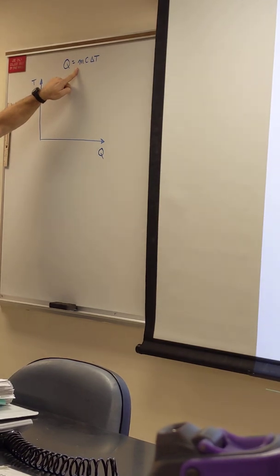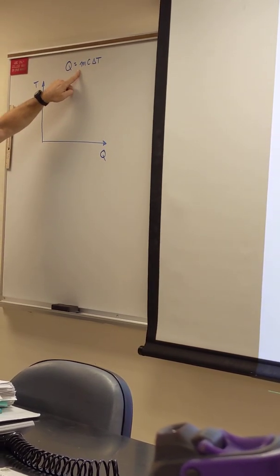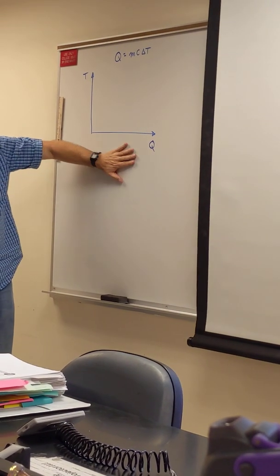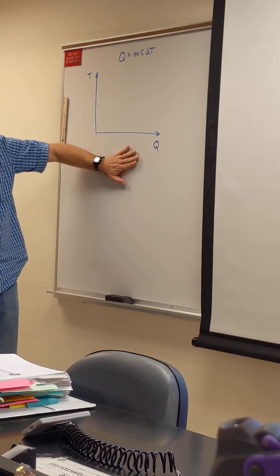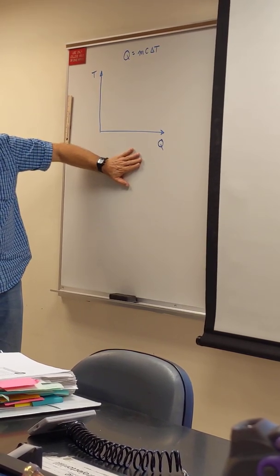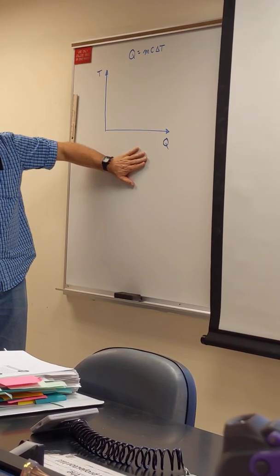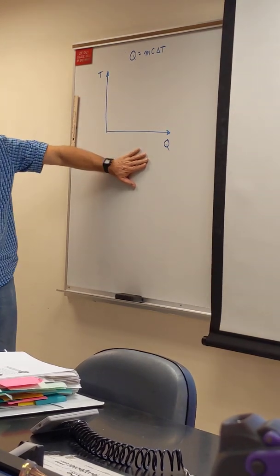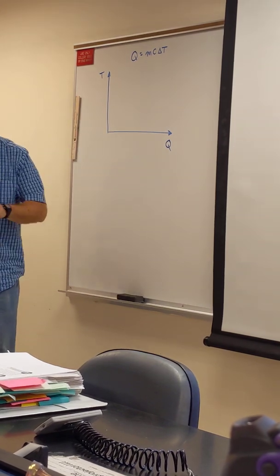Q, right? And my independent variable is T, all right? However, when I look at this picture, this is very important you recognize this difference. When I look at this picture, what's my independent variable? Q is independent and T is dependent. Remember, X is usually independent and Y is usually dependent.